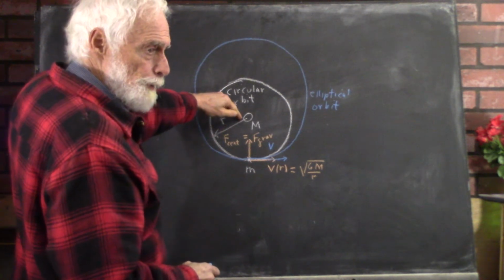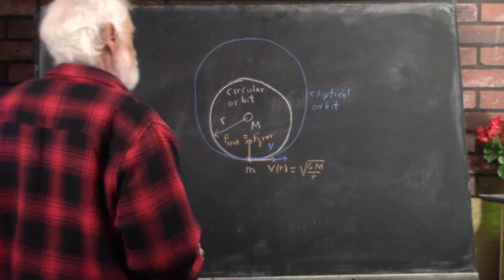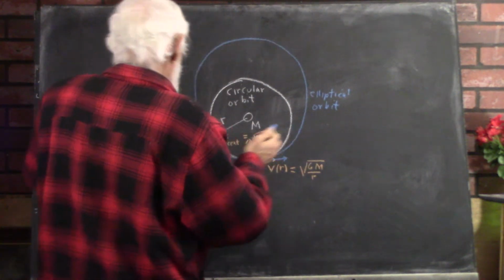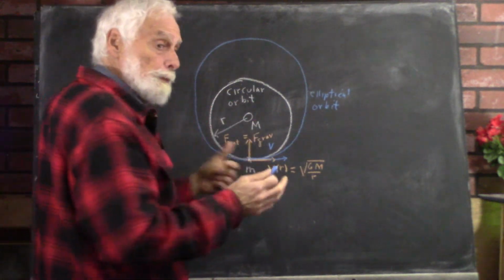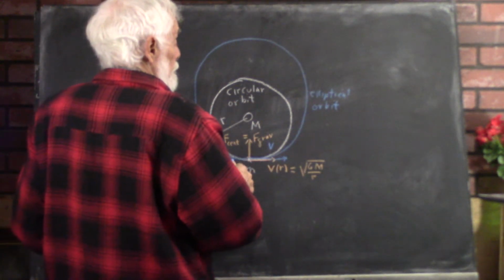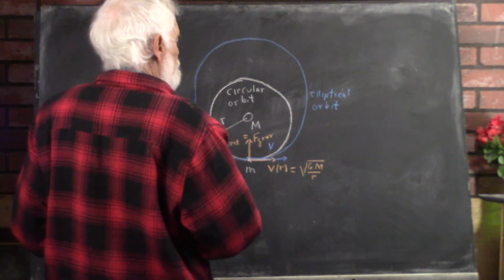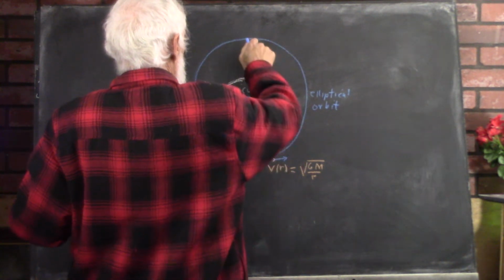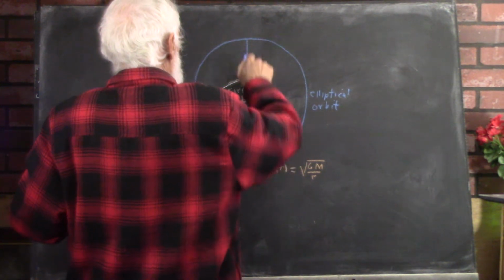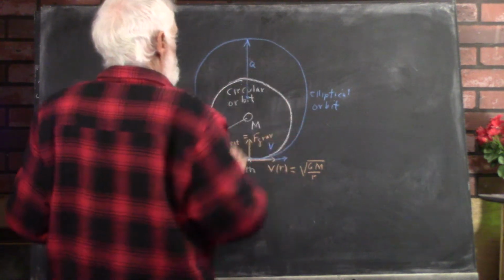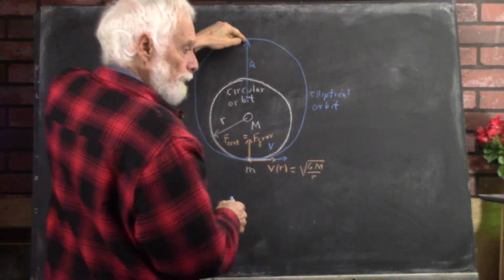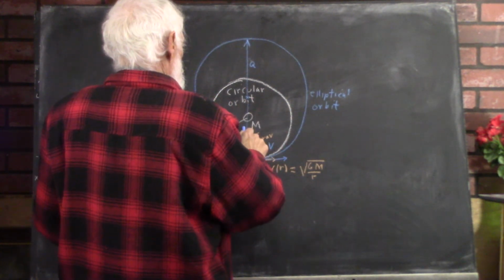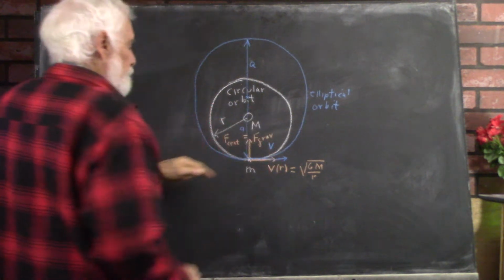The planet will be at one focus, and the other focus will, by symmetry, be about here. Let's not worry about the other focus; it's not going to be important right now. The center of the elliptical orbit might be about here. We'll have a distance a from the center of the orbit to this extreme point, and an equal distance a from the center to this point.